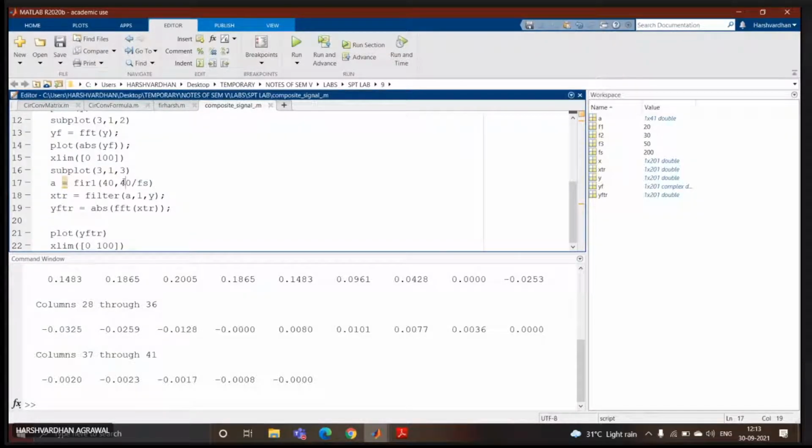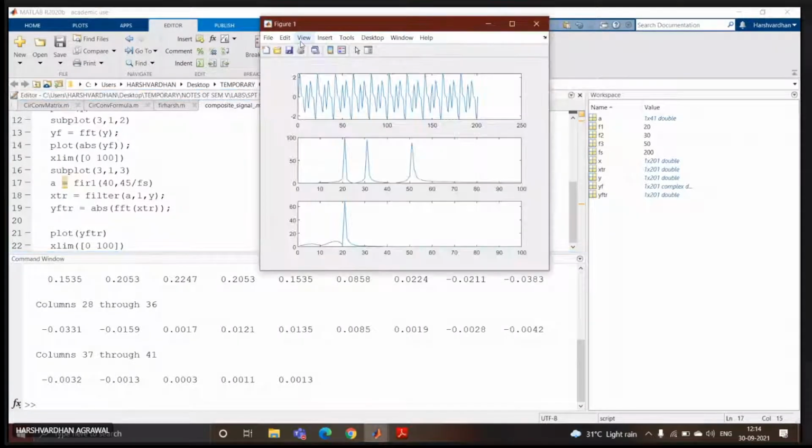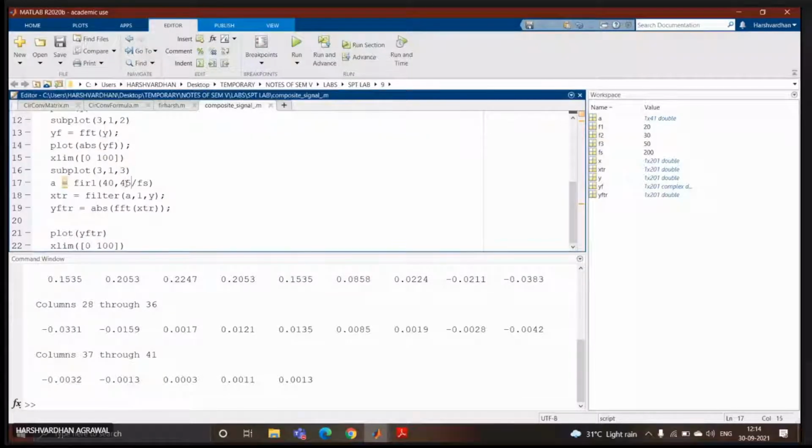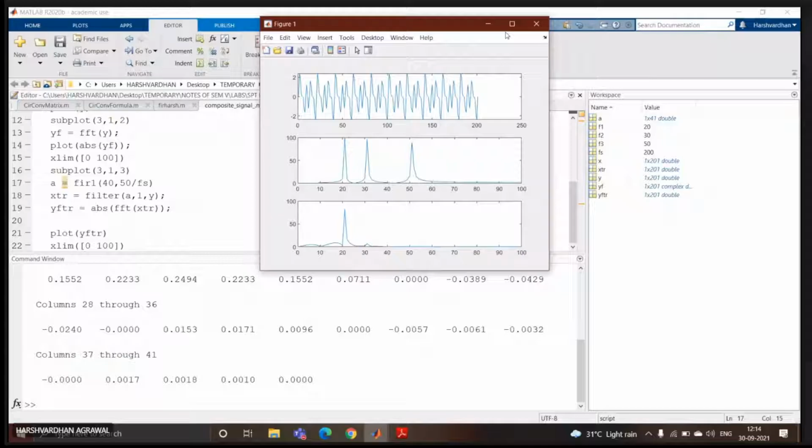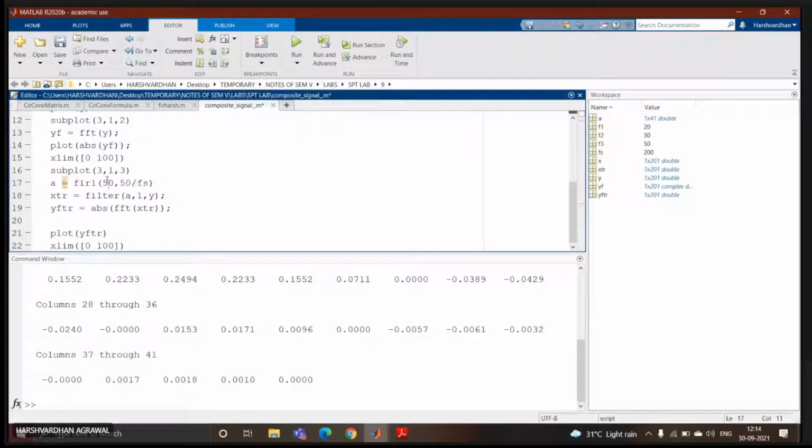Yes, 45 by fs. Still you are not getting it. So still I'm not getting it. Should I change the cutoff frequency? I'll set it to 50 and see.